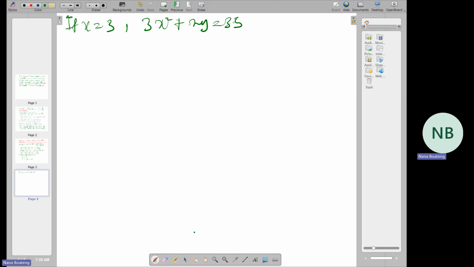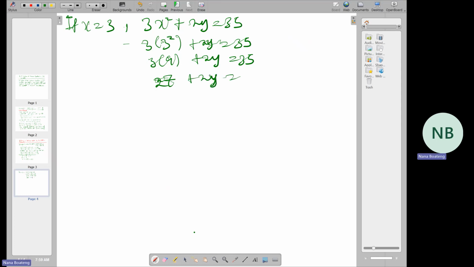If x is equal to 3, then we have 3 times 3 squared plus 2y squared is equal to 35. 3 squared is 9, and 3 times 9 is 27. So 27 plus 2y squared is equal to 35.